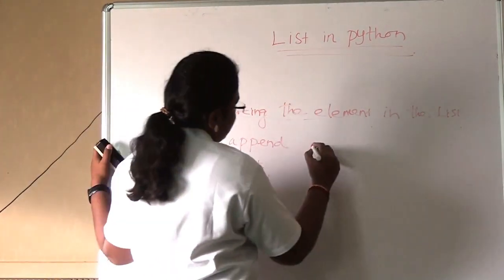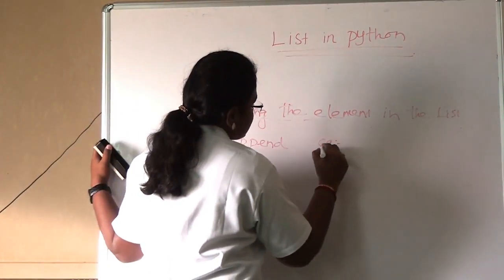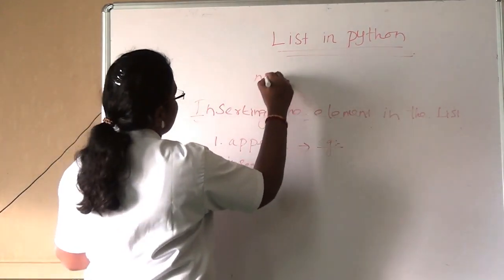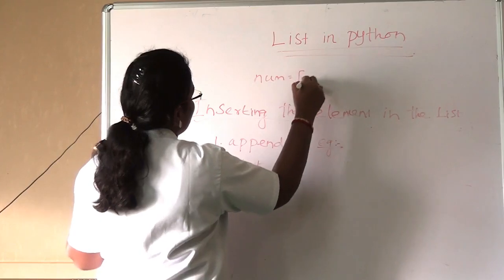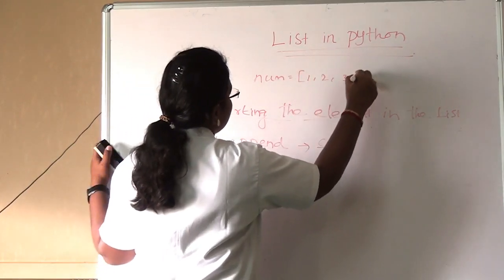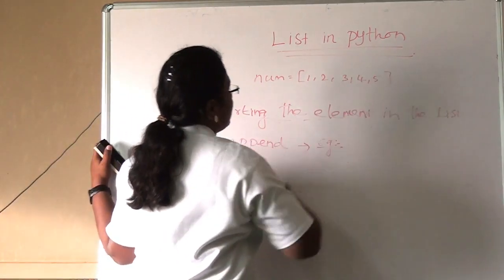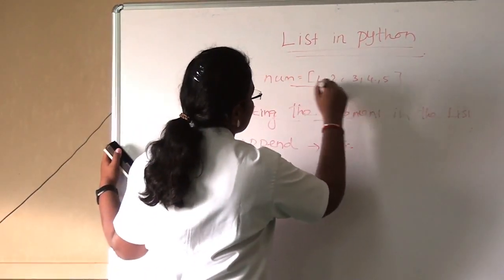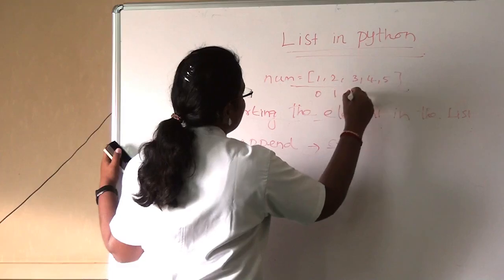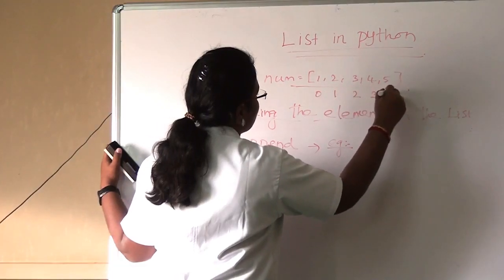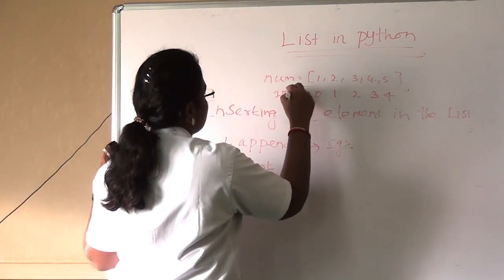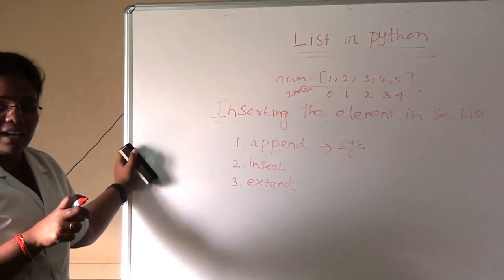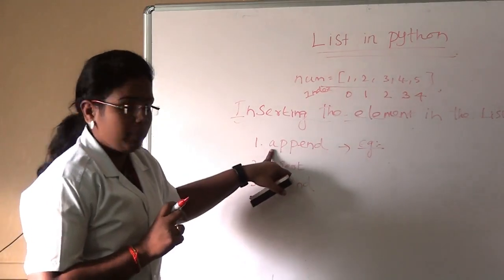First one is append. Example for append: we are having a list. First, num equivalent to 1, 2, 3, 4 and 5. This is my list. The index of the list is 0, 1, 2, 3 and 4. This is index. If I want to add the element at the last, I can give the function append.